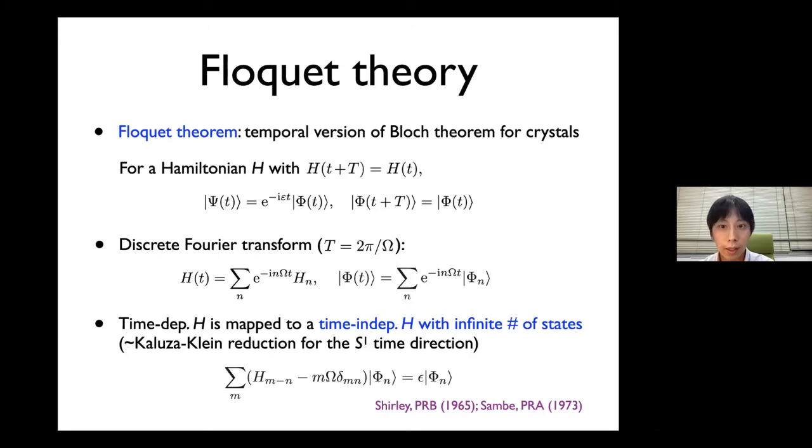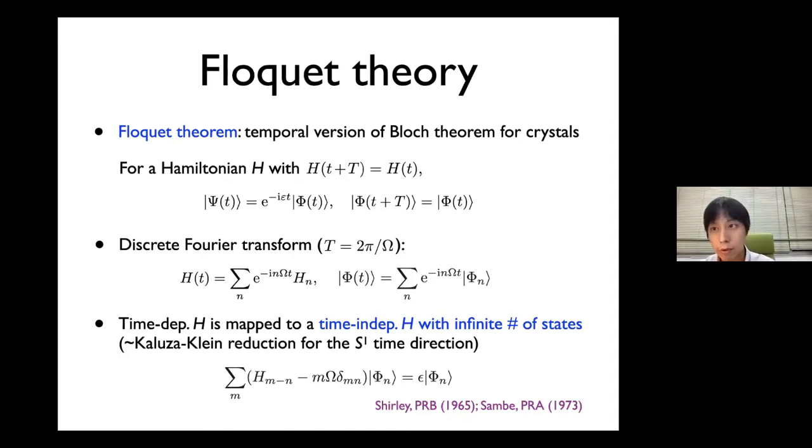Now, because the Hamiltonian and also this quantum state phi are periodic as a function of t, we can perform a discrete Fourier transformation in this way. By substituting this expression into the original Schrödinger equation, we get this eigenvalue equation, where on the left-hand side, the summation over integer m is taken for a given integer n.